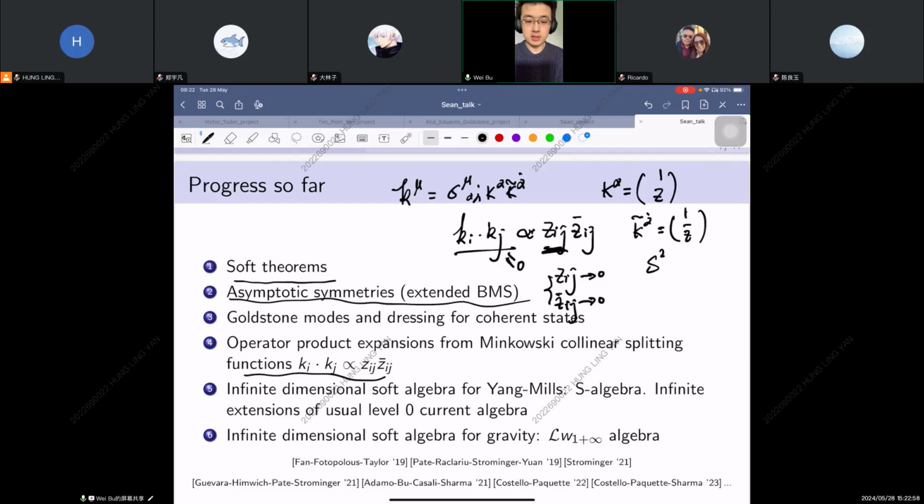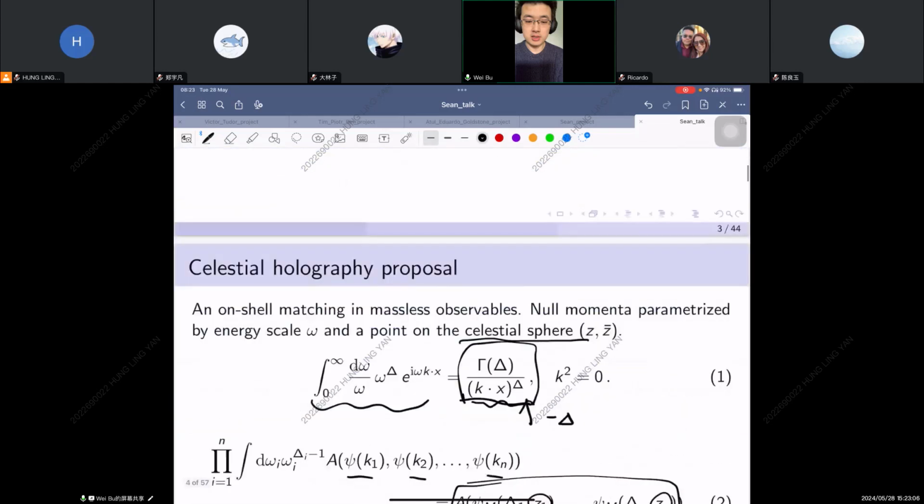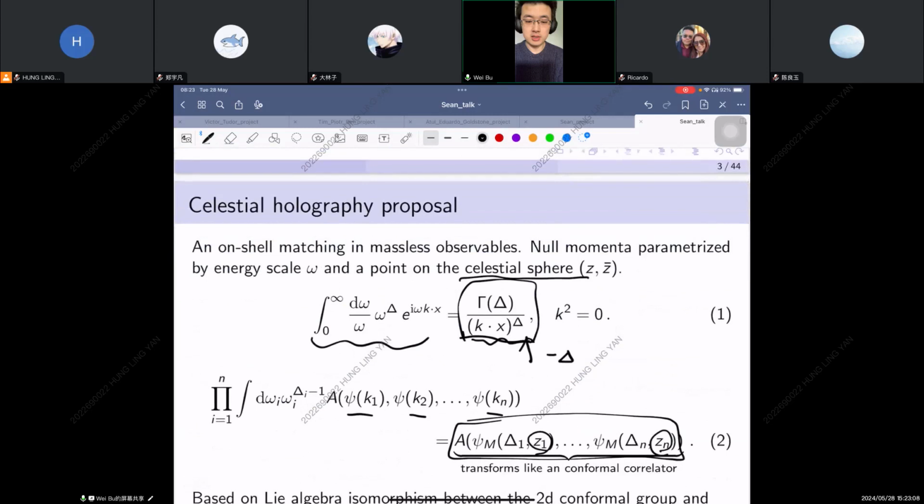That's another story. And then the third thing was these infinite dimensional soft algebras. So where do they come from? Notice in equation 1, in these conformal primary eigenstates, there's a gamma function sitting on top. For those of you who know gamma functions, it has a pole at delta equals 0 and then at negative integers.